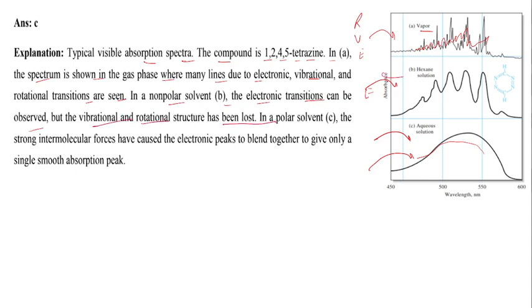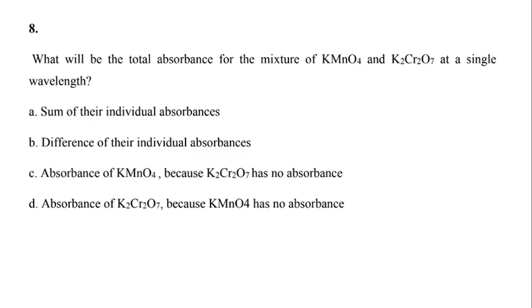In polar solvent C, the strong intermolecular force has caused the electronic peaks to blend together to give only a single smooth absorption peak, which can be seen here. Okay. Only a single smooth peak.